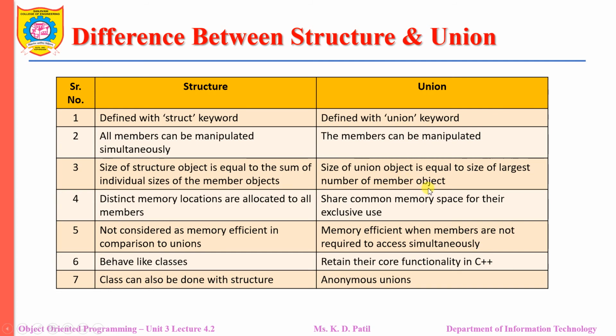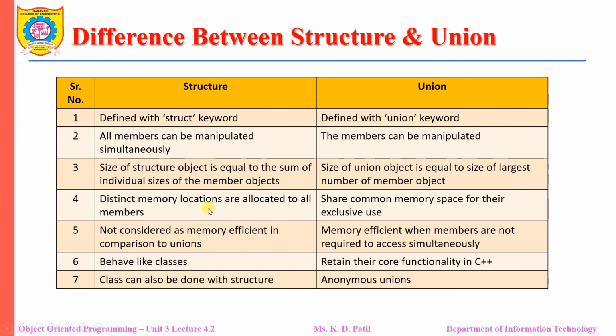Now let us take the same example, integer x and character b. Here integer has 2 bytes and character has 1 byte, so 2 bytes, which is the largest size for a member of the union, will be reserved, and that size will be used by the integer variable and also by the character variable, but not at the same time.